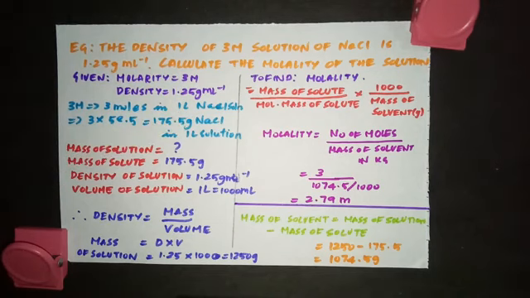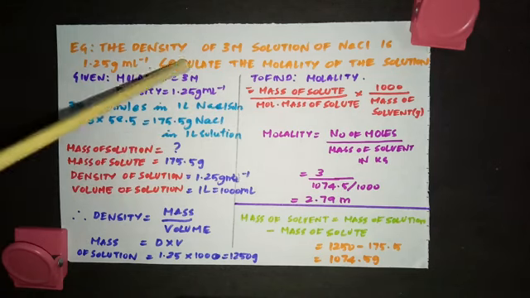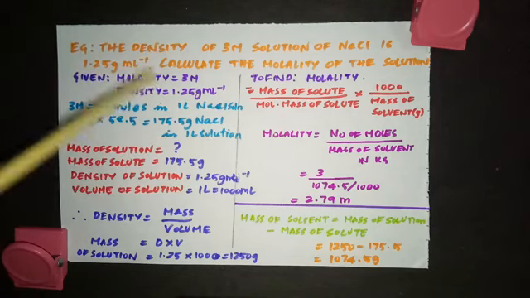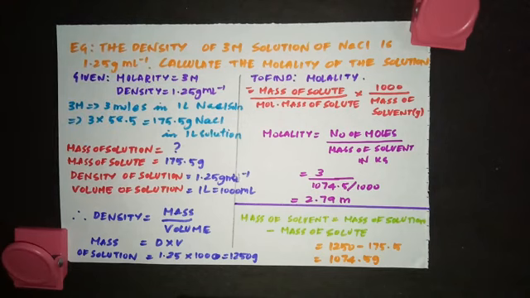Okay, if I know the mass of the solute, in the previous problem, what did I do? I subtracted the mass of the solute from mass of the solution to get the mass of the solvent. But here I am not having the mass of the solution anywhere. But what is given? Density is given. So density is equal to mass by volume.